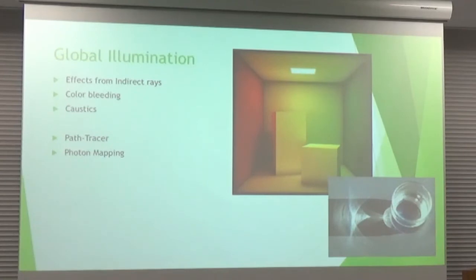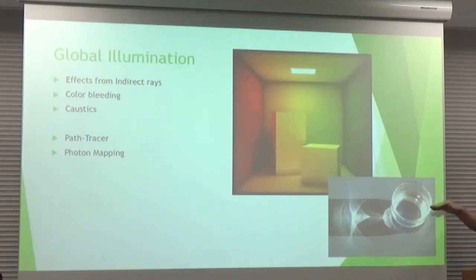Caustics means, seeing Wikipedia, the envelope of light rays reflected or refracted by a curved surface on an object, or the projection of that envelope of rays on another surface.